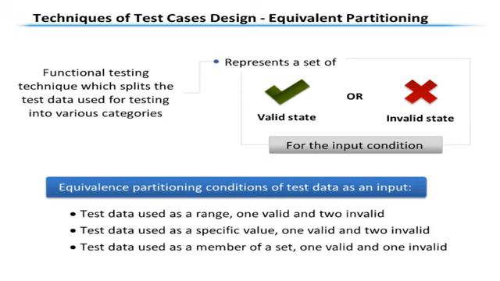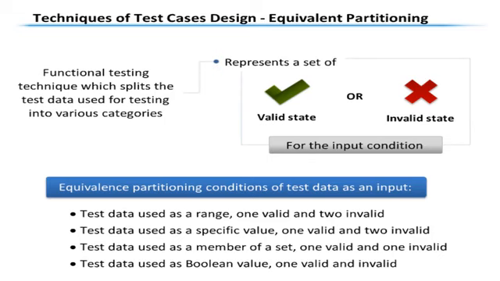Test data can also be used as a member of a set, 1 valid and 1 invalid. For example, a specific student of School A but not for School B. Finally, the test data used as a Boolean value, one valid and one invalid. An example would be a student exam result is either pass, P, or fail, F.